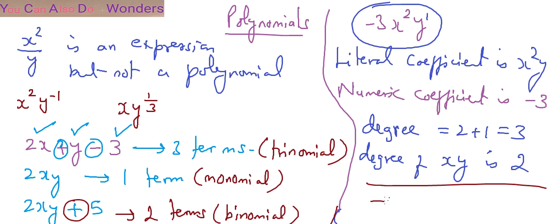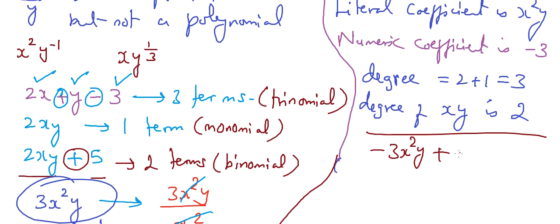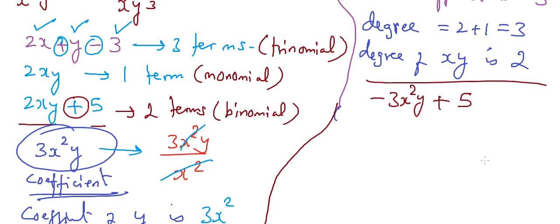Let's say minus 3x square y plus 5x, or plus say the constant term, say plus 5, just 5. So here it has two terms. See, the first term is minus 3x square y and the second term is 5. The second term has no variable but only a number, a constant.